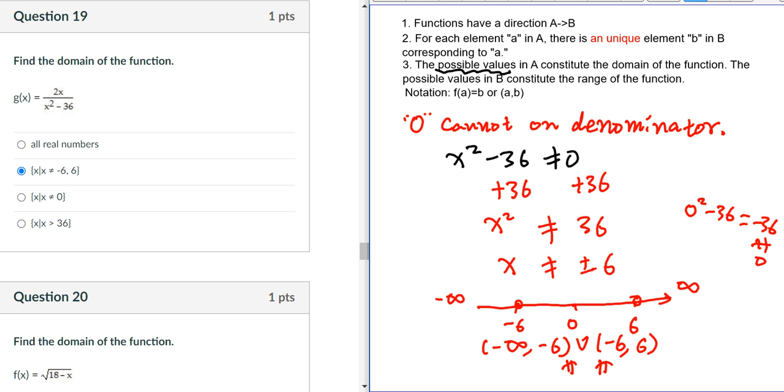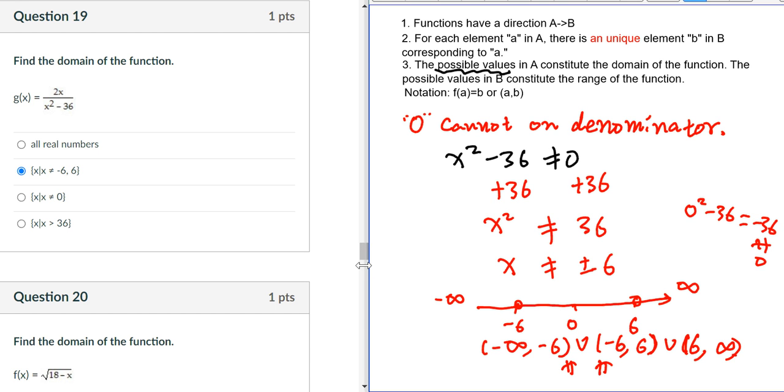And then from 6 to positive infinity. Negative 6 to 6 is from here to here. Again, 6 is not included because here is the round bracket. This is the interval representation. This is the graph representation. And here, for the question, is the set notation. We want to get familiar with all of them.